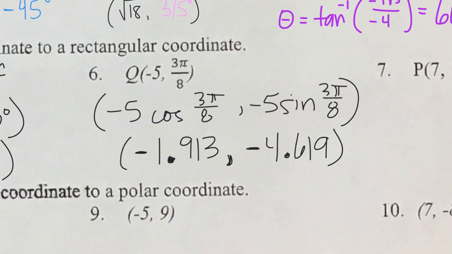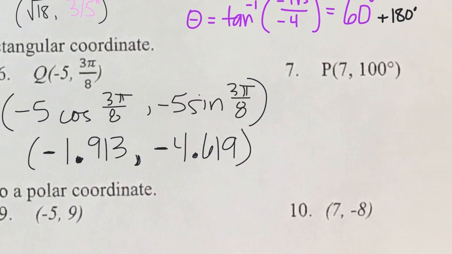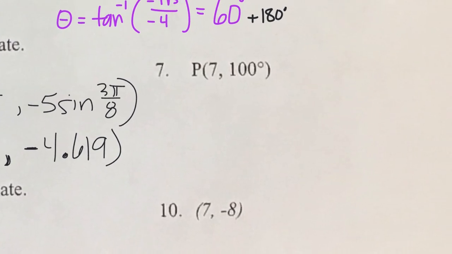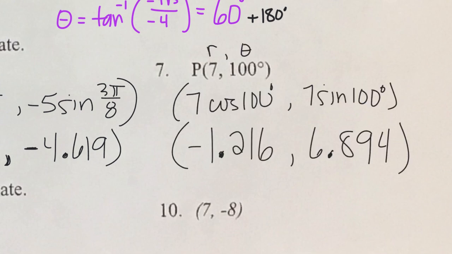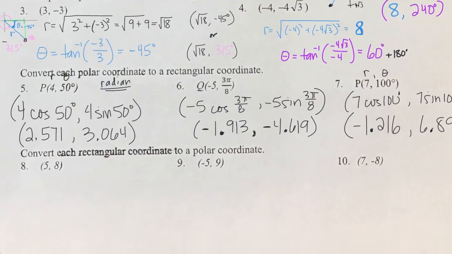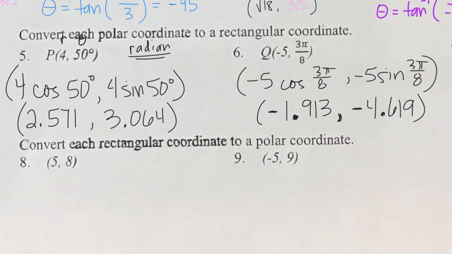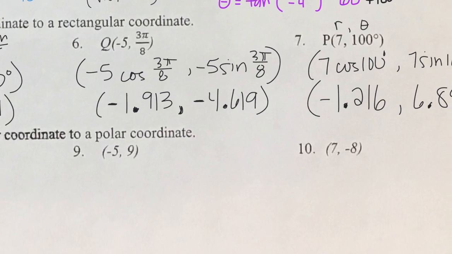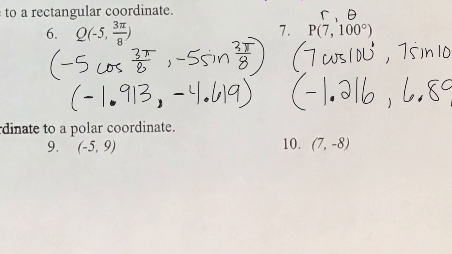We're plugging it right into our calculator, and you're using the calculator to do all of the work for us. Okay, likewise for our last one, here's how you do it. Okay, and there are the answers for 7. Okay, now we're going to go the opposite way, and we're just going to skip number 8 and do 9 and 10 because they are much more interesting.